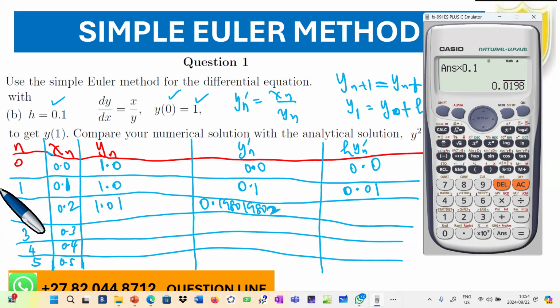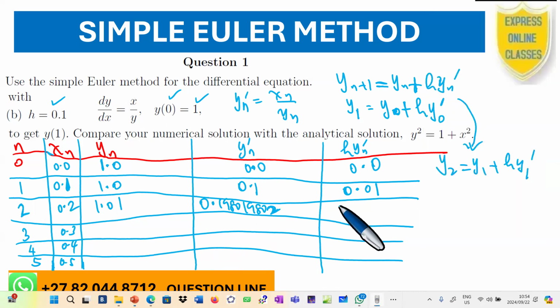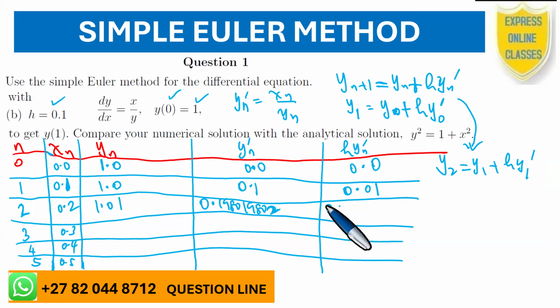So it is this one. It is 0.0198, not 1, 98, not 2. That kind of thing. So that's what you're going to have here.